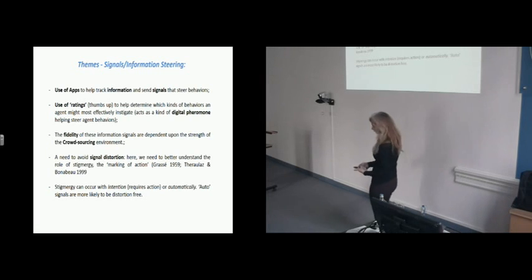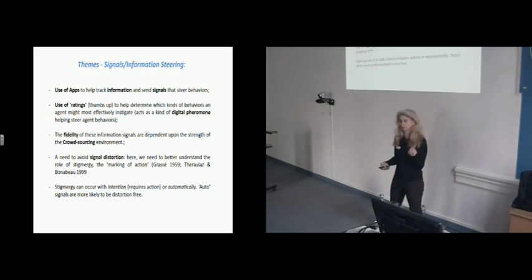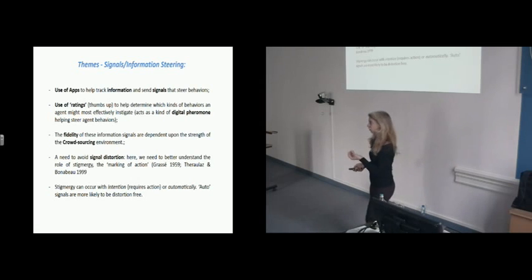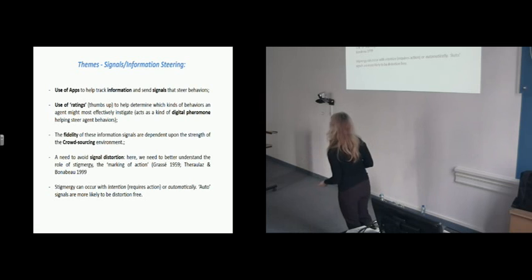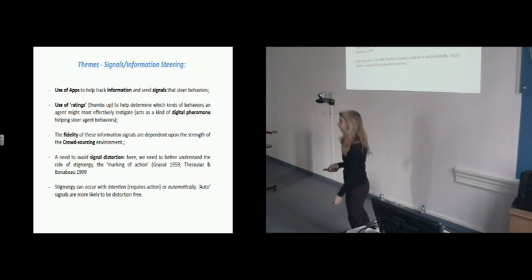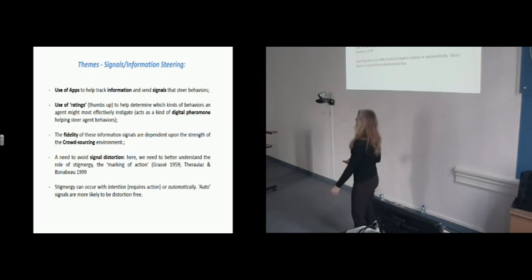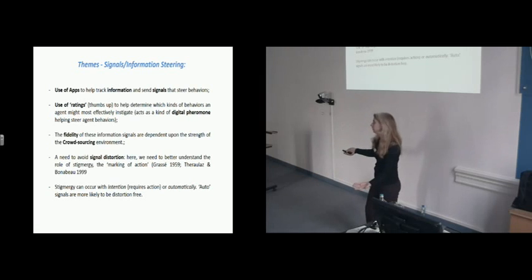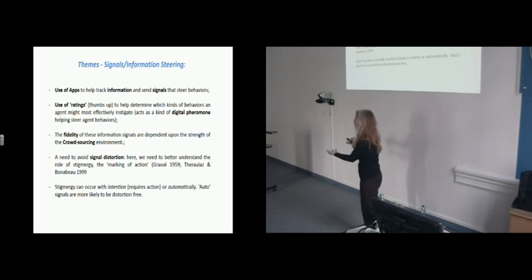So there are different kinds of leaving signals, talked about as stigmergy, the marking of action or behavior, and pheromones are a stigmergic signal. But there are signals that are left with intention, whereby you have to leave a rating, and then maybe you skew the signal because only young people who use apps leave ratings.